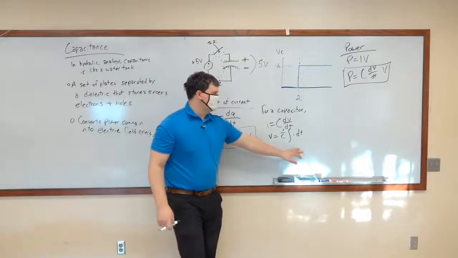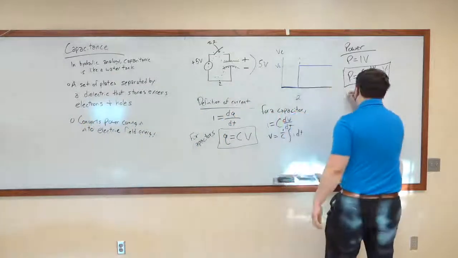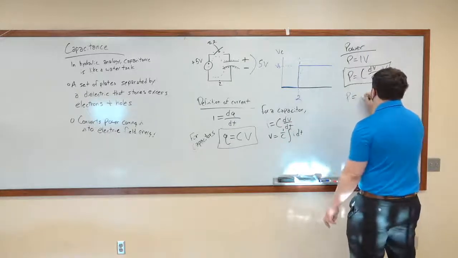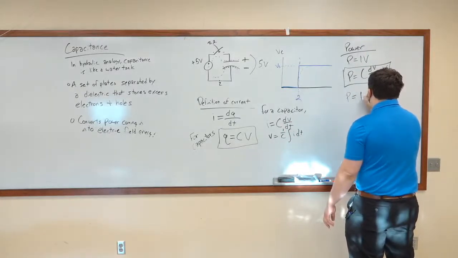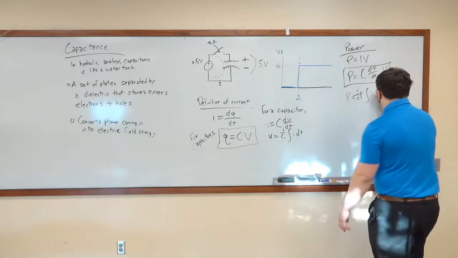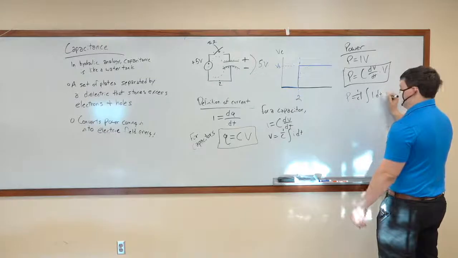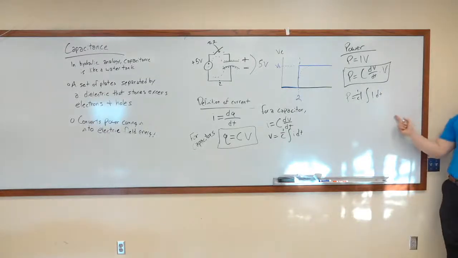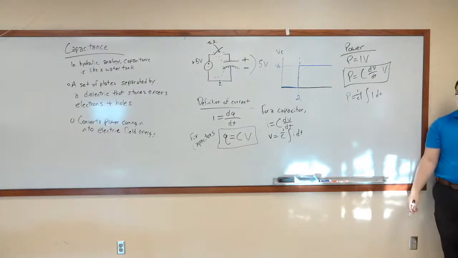Okay, so we could take this relationship, and then the other relationship that we can derive using this equation is P equals 1 over C times I times the integral of I dt. That's not a pretty relationship either. Neither of these power equations are good.